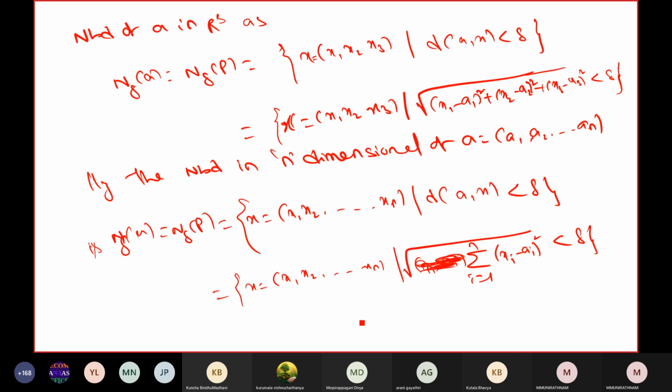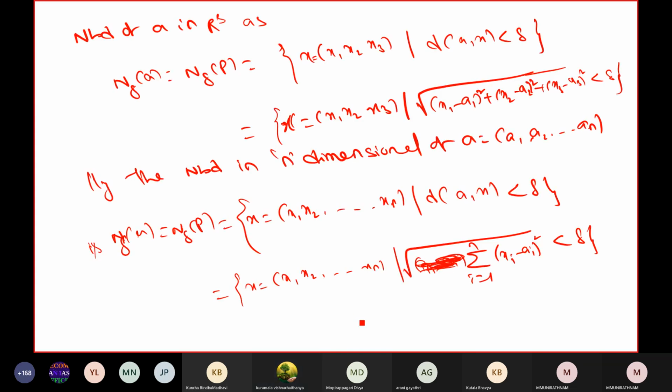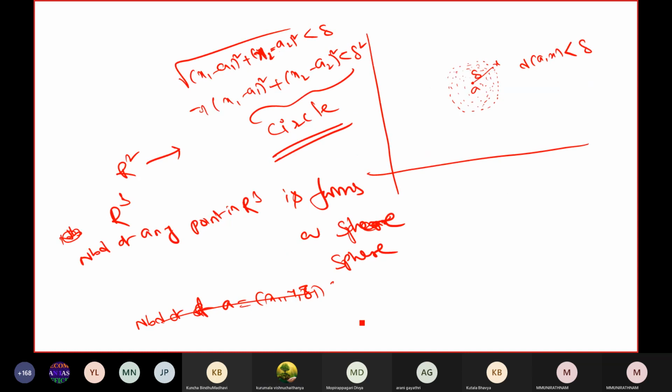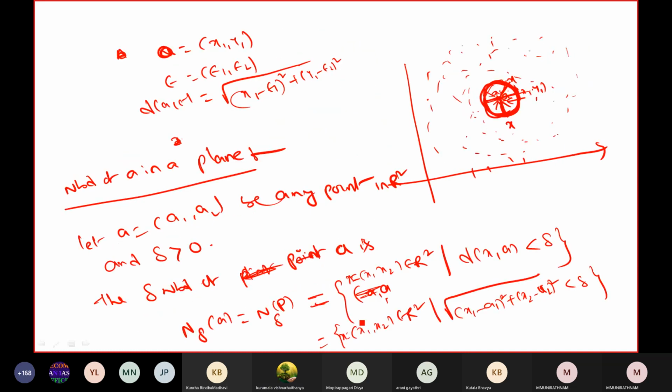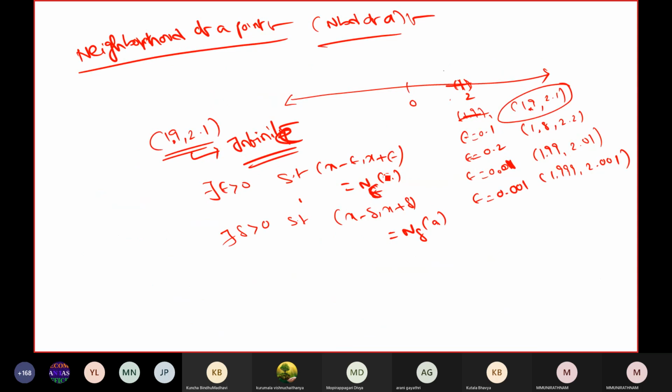So that is about neighborhoods, a very important concept in limits, derivatives and all. Please note down carefully. Hope you are all getting my point. So what does delta represent, sir? Delta, we took epsilon too. Epsilon is nothing but delta.